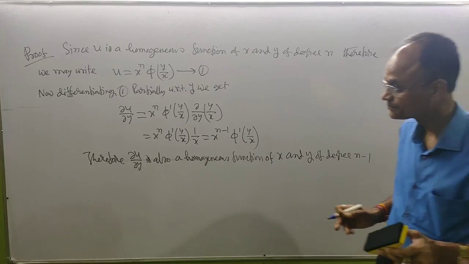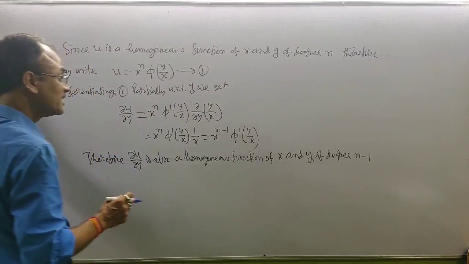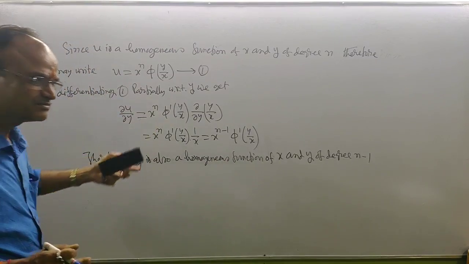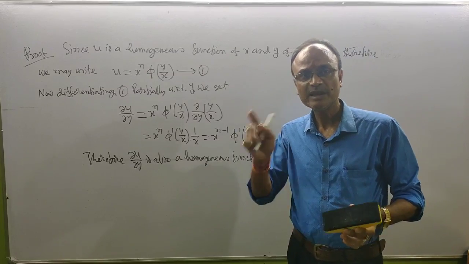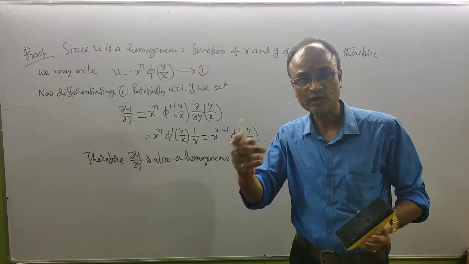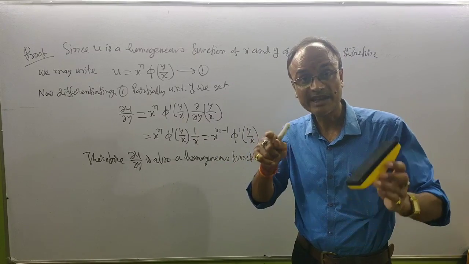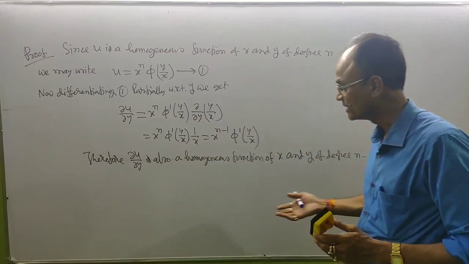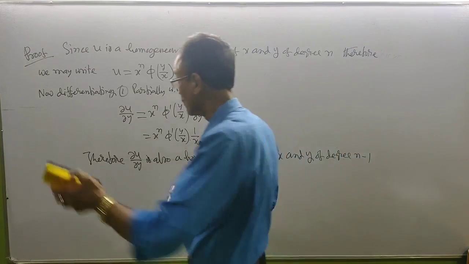Now, it is very easy. What is the theorem? If u is a homogeneous function of x and y of degree n, del u by del x is also a homogeneous function of x and y of degree n minus 1, and del u by del y is also a homogeneous function of x and y of degree n minus 1.